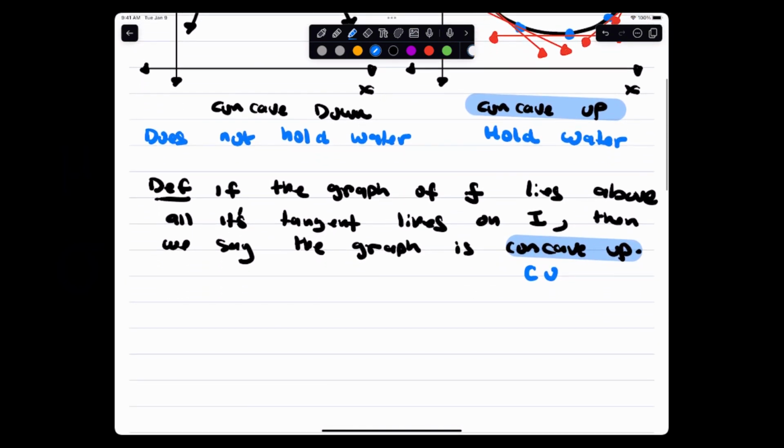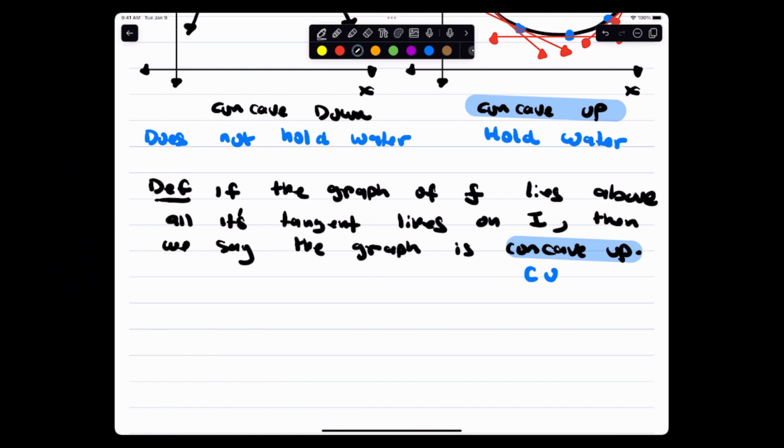Comparing that definition to being concave down, right? Here's the definition of concave down.